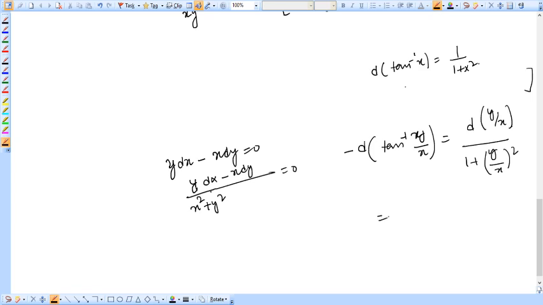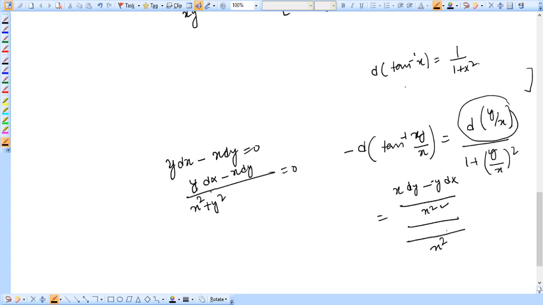Now again solve this. It is equal to, using the quotient rule, x square in the denominator, and here x as it is dy minus y as it is differentiation of x. Upon taking LCM it is x square plus y square.